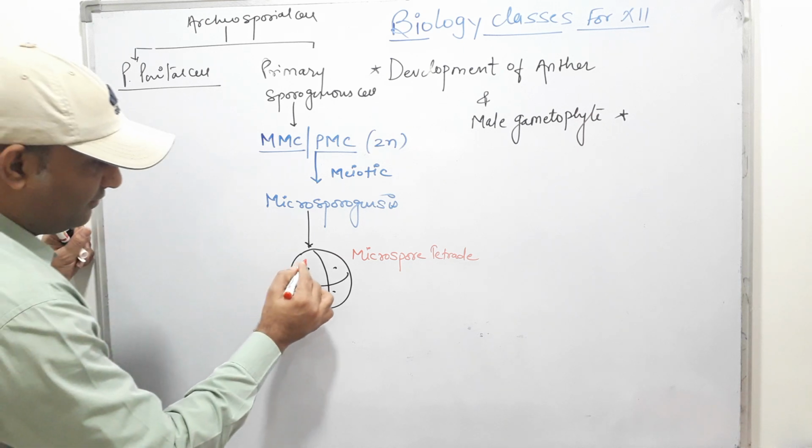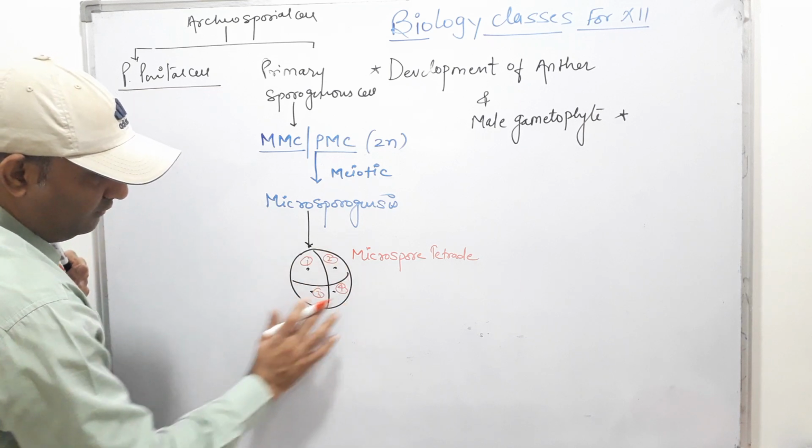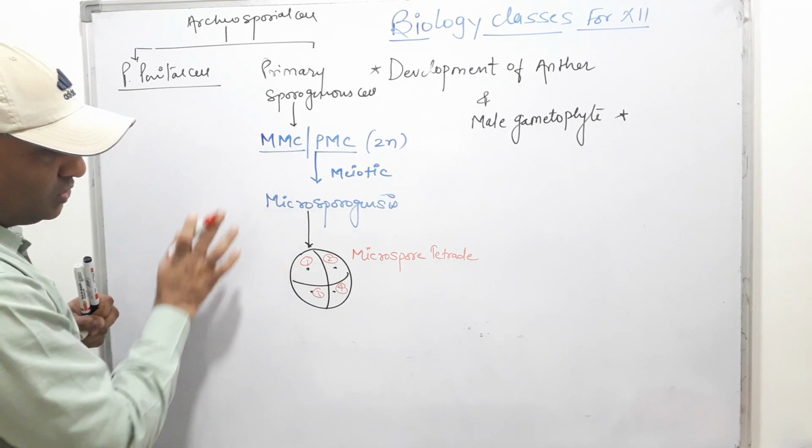So it is the first microspore, second, then third, and then fourth. So a total of 4 microspores are produced by the MMC or PMC by microsporogenesis.